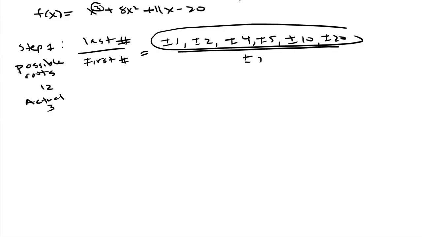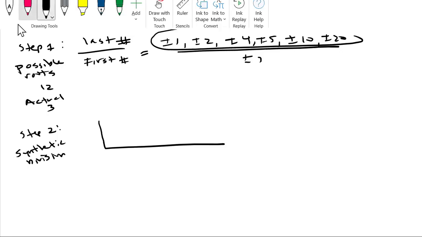So we need to use long division. So step number 2. Okay, I keep saying long division, but it's synthetic division. We're going to use synthetic division to find that. So we're going to list our coefficients. I'm going to use a different color here.